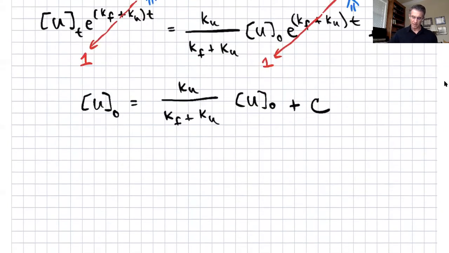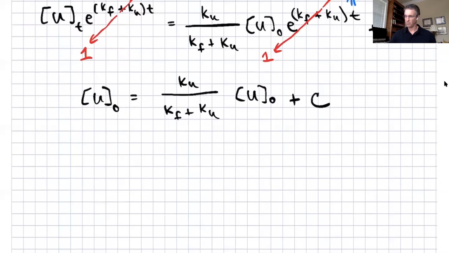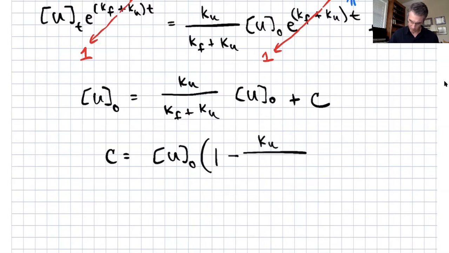Well, now that's easy, because now we can solve for C, which is trivial. C has just got to be equal to the concentration of protein we started with times 1 minus ku over kf plus ku.